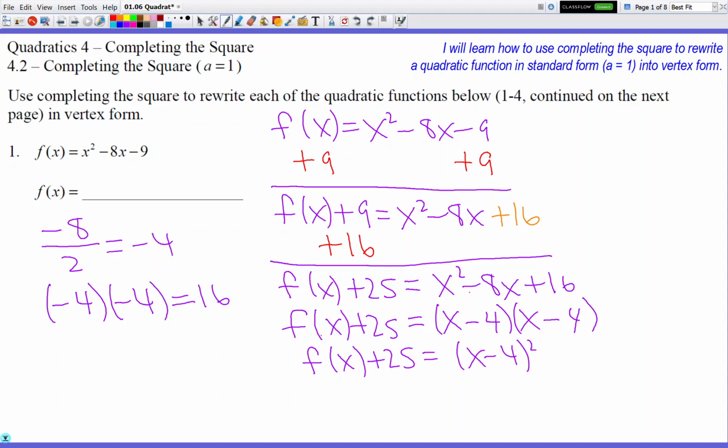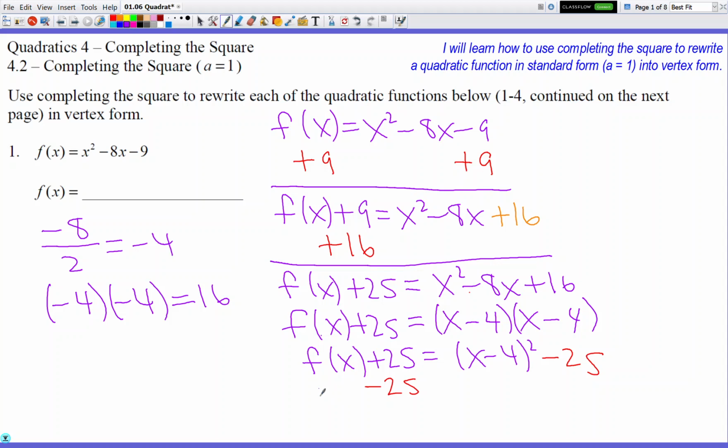My very last step is to make f of x by itself so that I can get the goal of what this whole problem is all about, to create vertex form. That's my goal, right? So I'm going to subtract 25 on both sides so that I can get the f of x by itself. And if you notice, when I subtract 25 on both sides, that red 25 that I just wrote ends up being the k value.